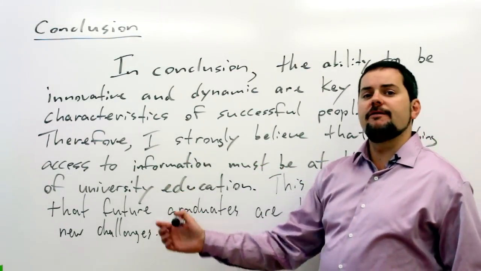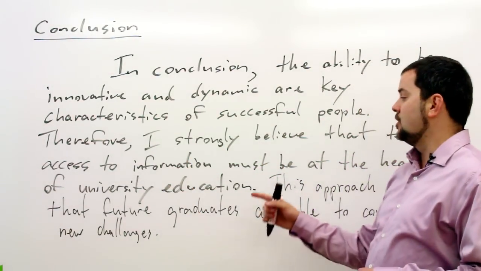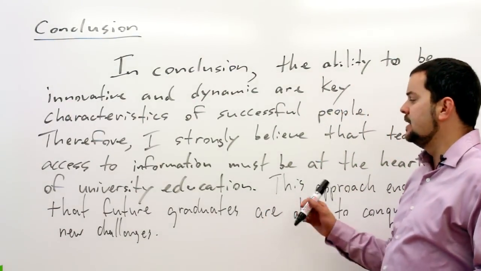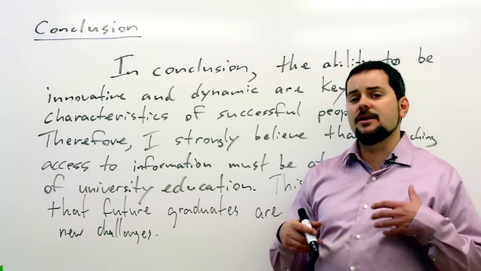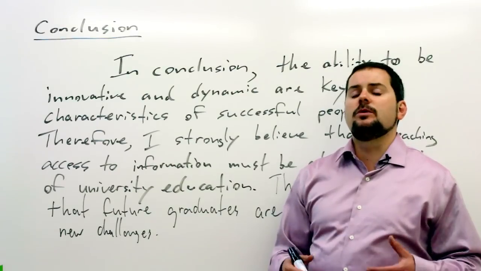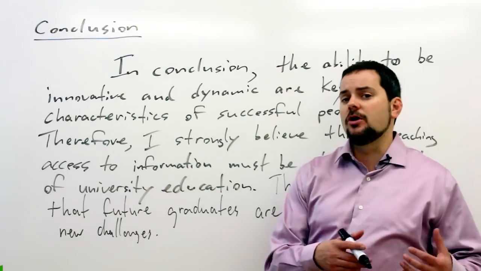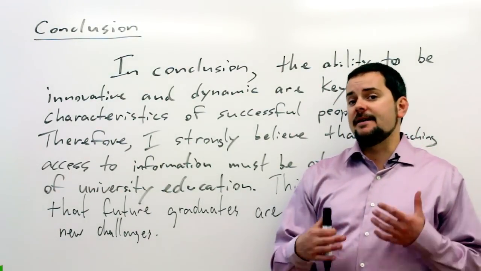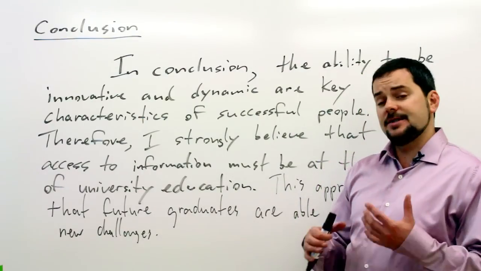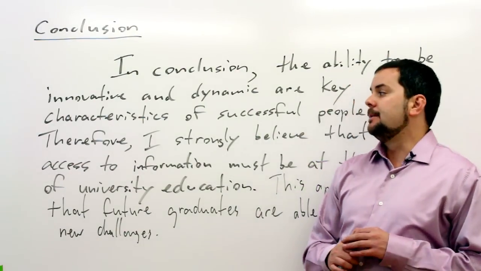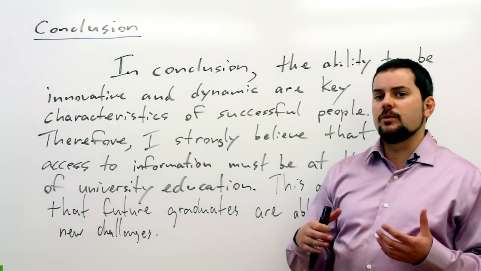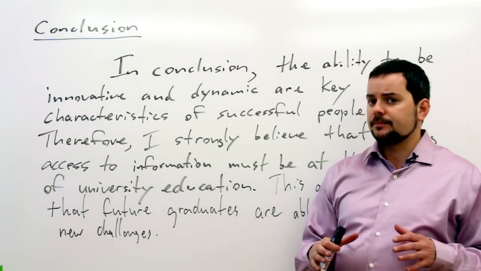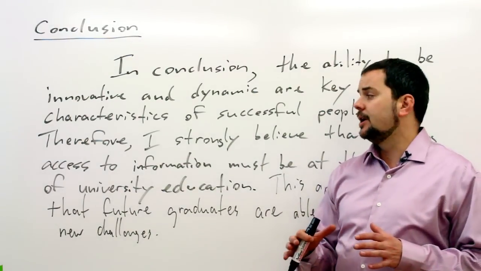So again, first sentence sums up the 2 points, innovative and dynamic. Second sentence paraphrases my opinion that universities should teach access to knowledge. And then a take-home message, because this way future graduates will be able to meet new challenges. They'll be able to conquer those new challenges. So that's the end of my essay. Now, if I have some time in the official exam, I should skim read from the beginning, especially if I thought one of my paragraphs were kind of difficult or I wasn't sure about it. I should definitely read and make sure that it is understandable, it is coherent.